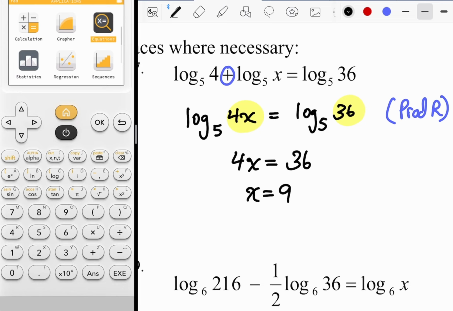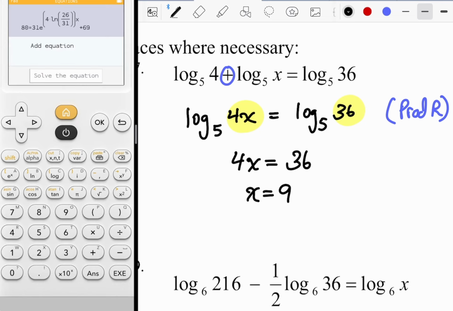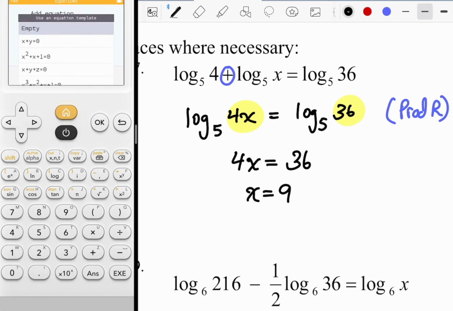So if you go to equations, well, we don't need this. I'm going to select empty. I'm going to use the log with the base 5 of 4.